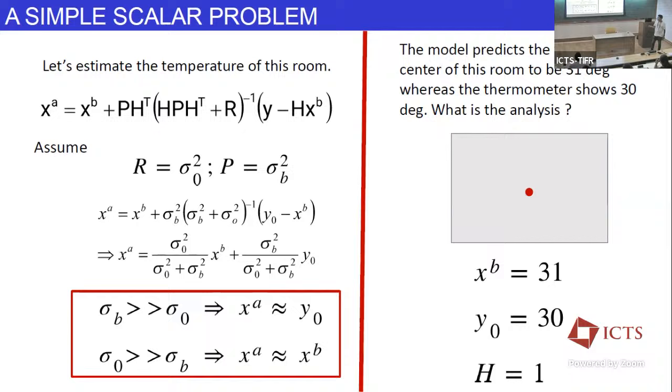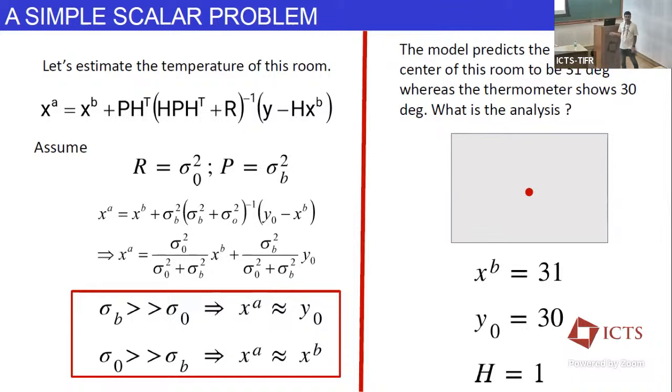And in the asymptotic limit that your model error variance is much, much larger than your observation error variance, what we see is that analysis approaches the observation. In the opposite limit, when your observation error variance is much, much larger than your model error variance, your analysis approaches the background model state.